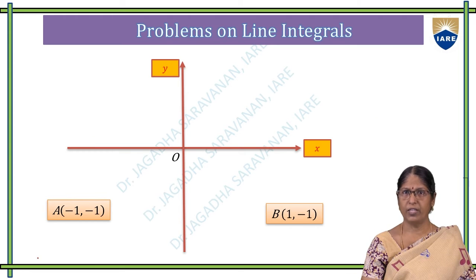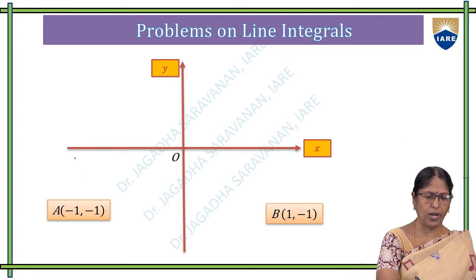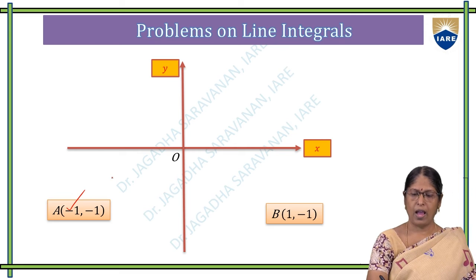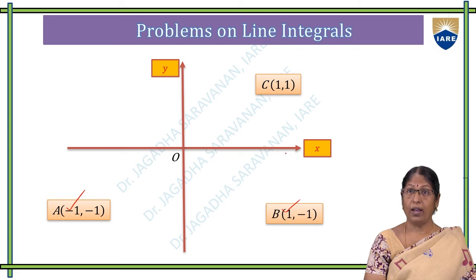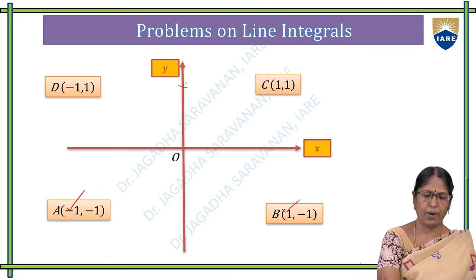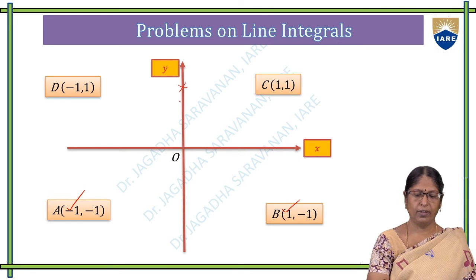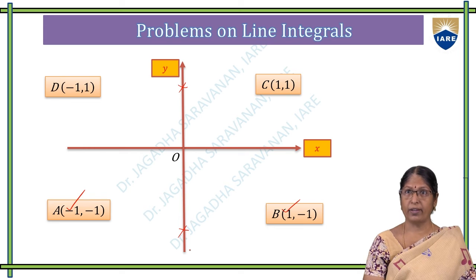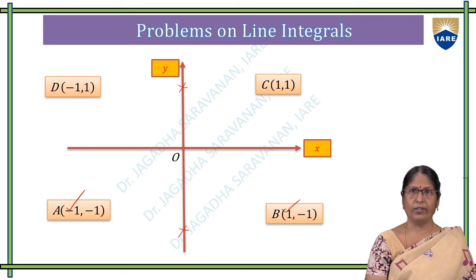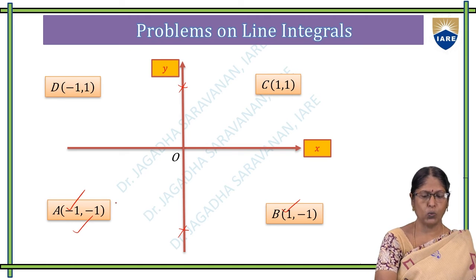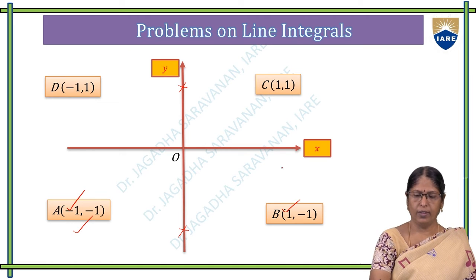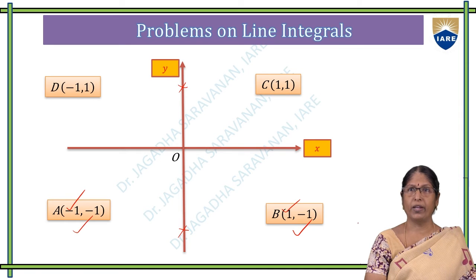Now we can see the points: minus 1 and 1 on the x-axis, and plus 1 and minus 1 on the y-axis. Putting these together as x comma y, we get the point minus 1 comma minus 1, and the point 1 comma minus 1.